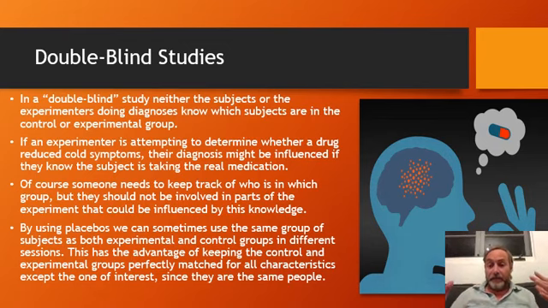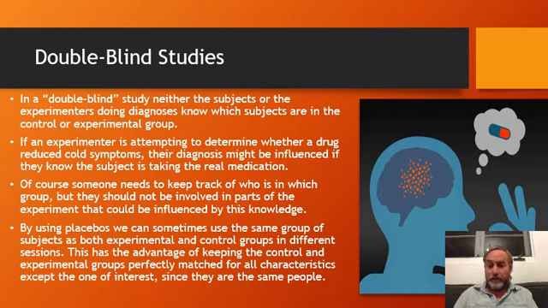In double blind, the subjects don't know which group they're in, and also the experimenters who are doing diagnoses or interacting a lot with the subjects don't know who is in the control or the experimental group, right? Particularly if they're doing diagnoses, trying to decide, okay, is this effective for colds or whatever, they have to evaluate the subject's symptoms and decide whether they have a cold or not.